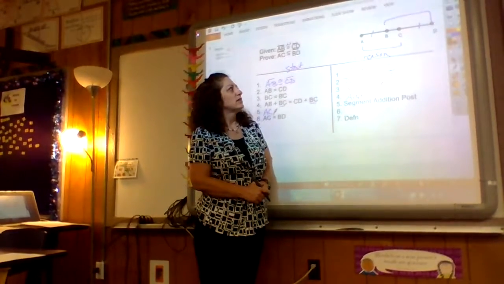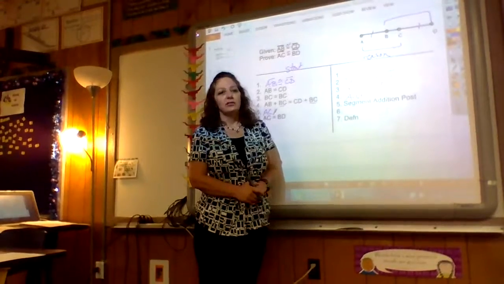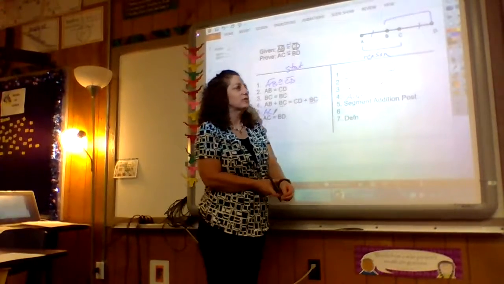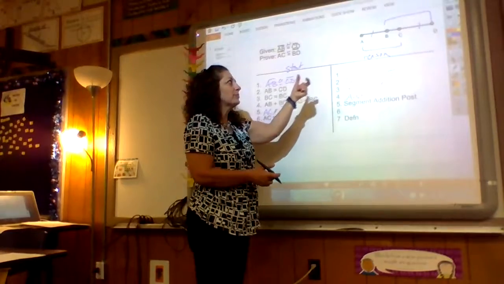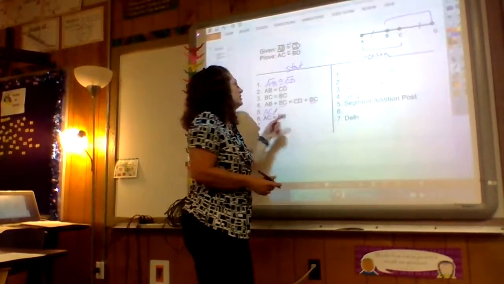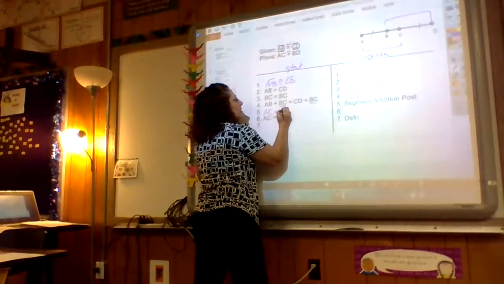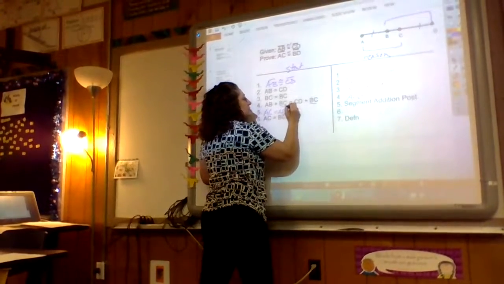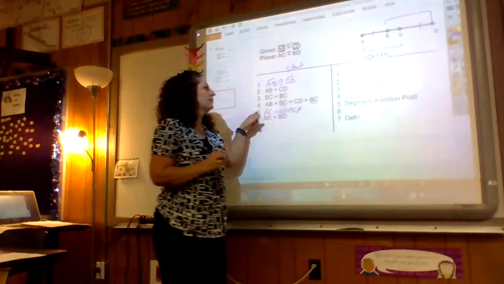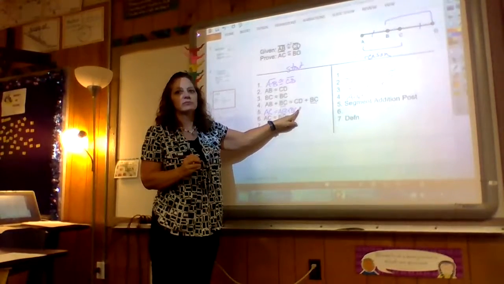AB plus BC. There we go. So if you look back, that segment addition postulate simply says the little part plus the little part equals the whole, right? So AC, the whole, is made up of AB plus BC. That's all we're doing, just renaming that.